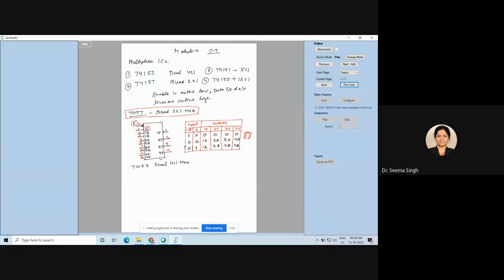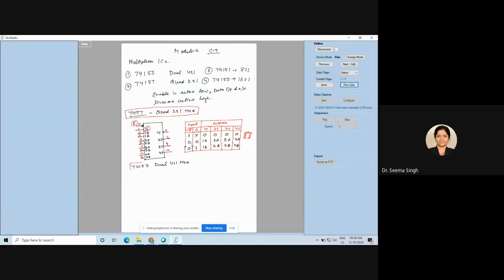It is not my wish that I want to keep things in serial order. It depends upon the fabrication of the IC. Same you would have seen in your AND, NAND and OR ICs also. So this pin number is based upon the fabrication. Shall I go to the next one?